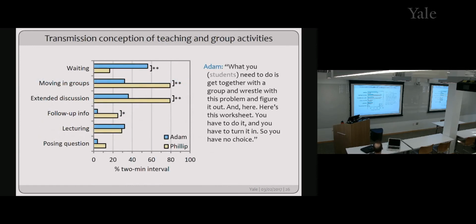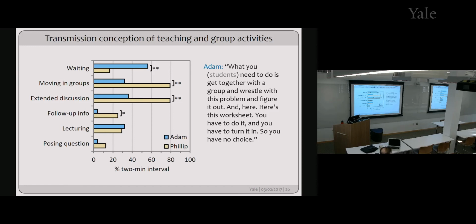Right, and so we think that actually explains what's happening. Because Adam has this transmission conception, he actually said what students need to do is get together in these groups and then they do this thing. And later on in the interview, Adam actually told us this is a phenomenal way of transmitting the information to students because I give them the worksheet and then I'm finished.